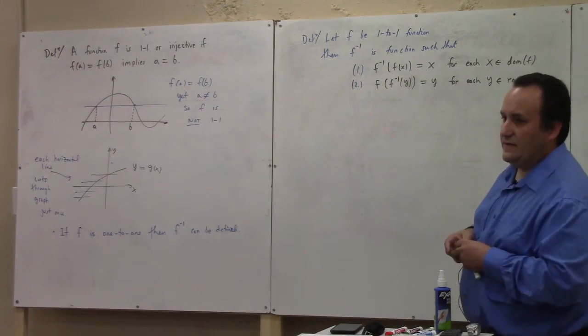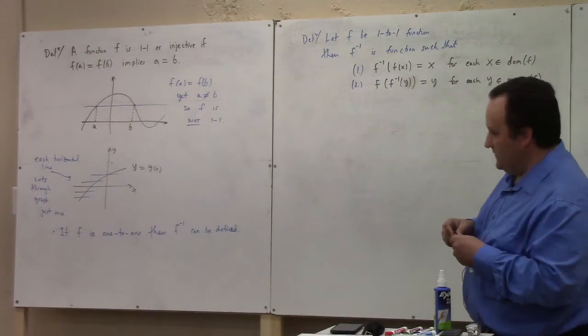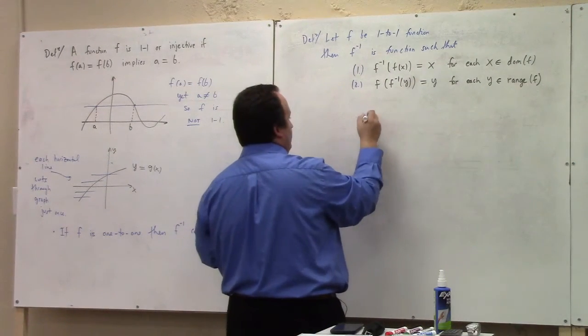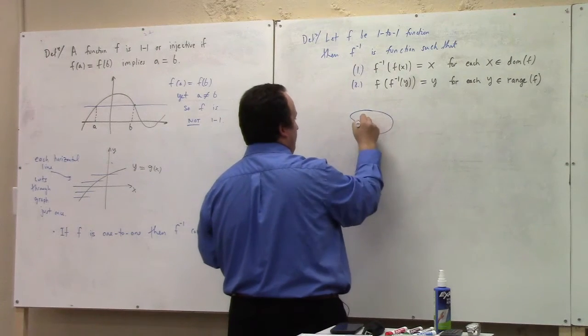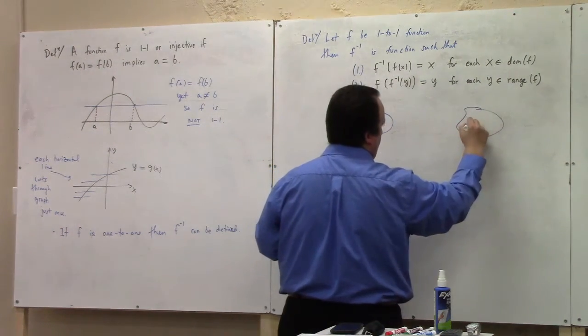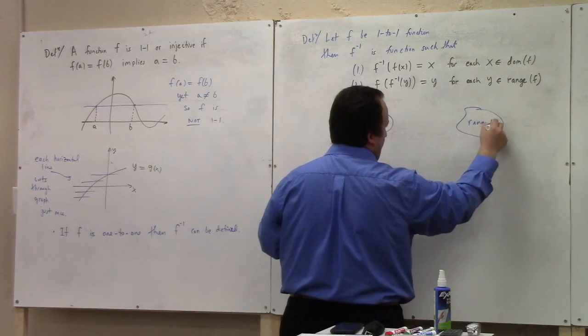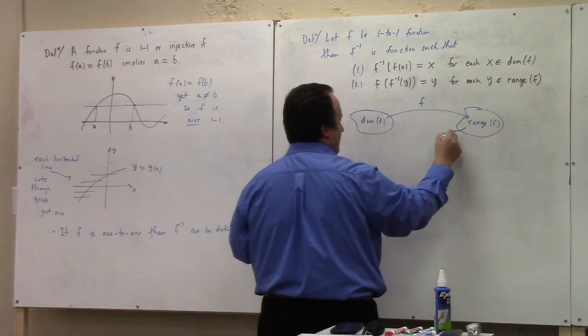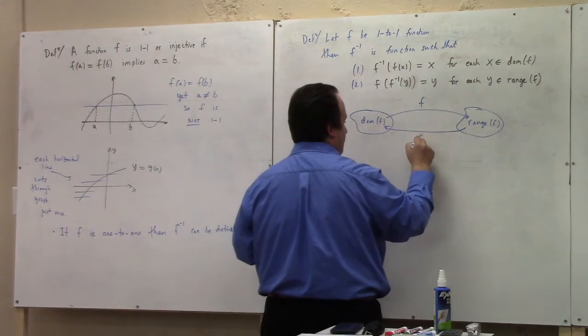A picture which I think is helpful is just this. If this is the domain, and over here is the range, then f goes like this, and f inverse goes like that.